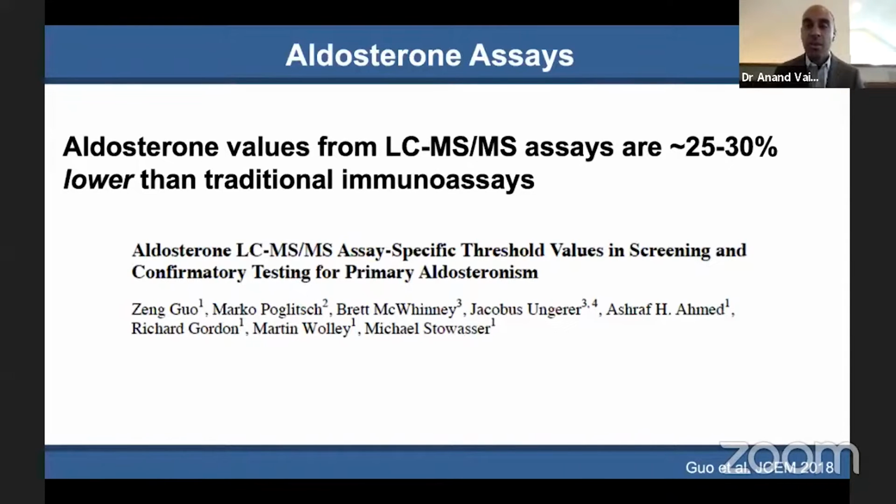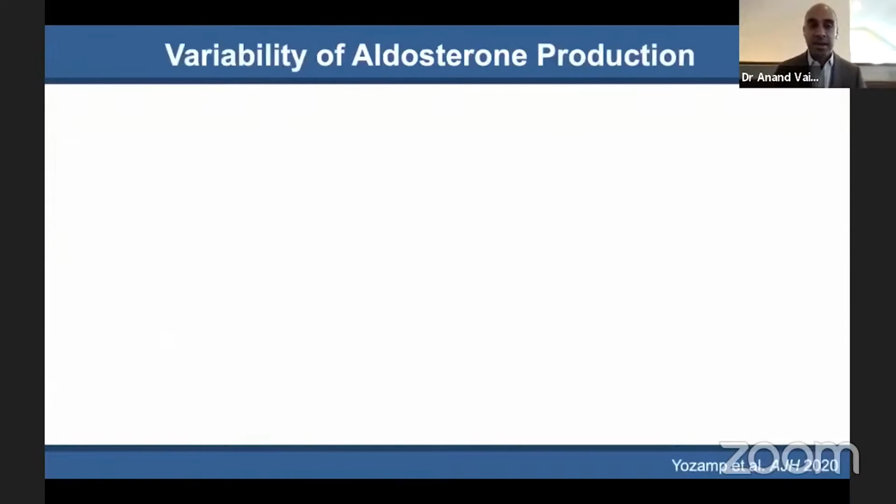The values that are reported are about 25 to 30% lower than immunoassays. In other words, if you measure an aldosterone on an immunoassay and the result is 10 nanograms per deciliter, on a modern LC mass spec assay, the result may be reported as 7 to 7.5 nanograms per deciliter. And this is actually true for most steroids, cortisol, testosterone, etc.